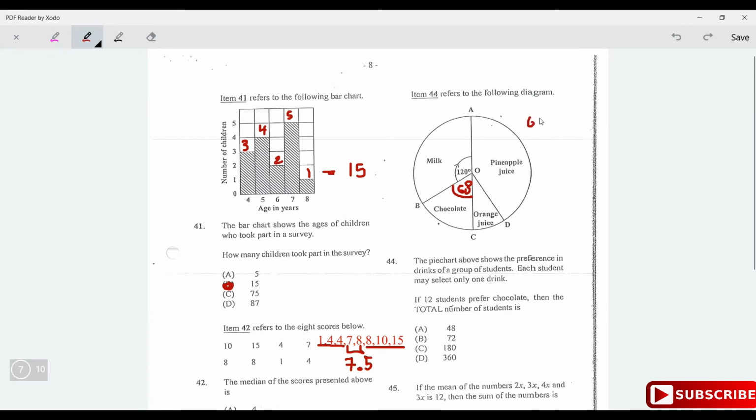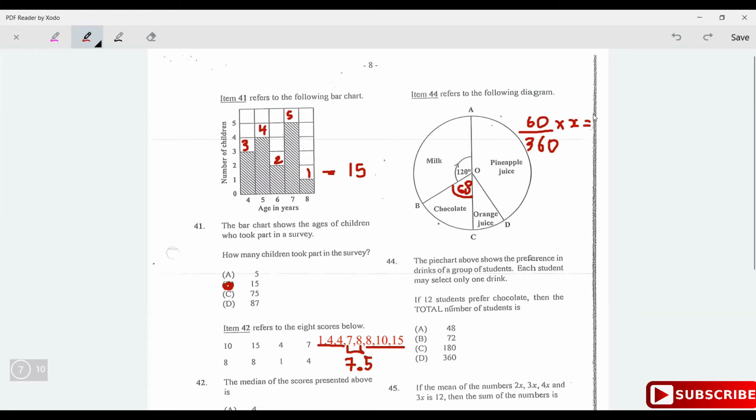And so 60 degrees divided by 360, multiplied by the total number of students. Let's call the total number of students x. And you're telling us that that is equal to 12, the number of students for chocolate.